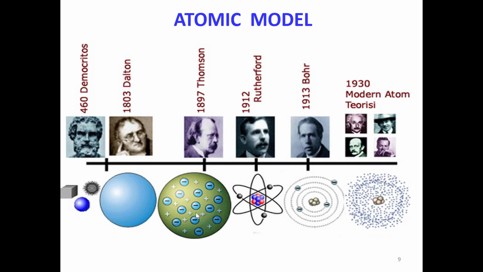In order to explain the new experimental evidence, it was needed to change the model used to explain the atom. This is why we can see how it changed through time. This mainly happened in the last 200 years.